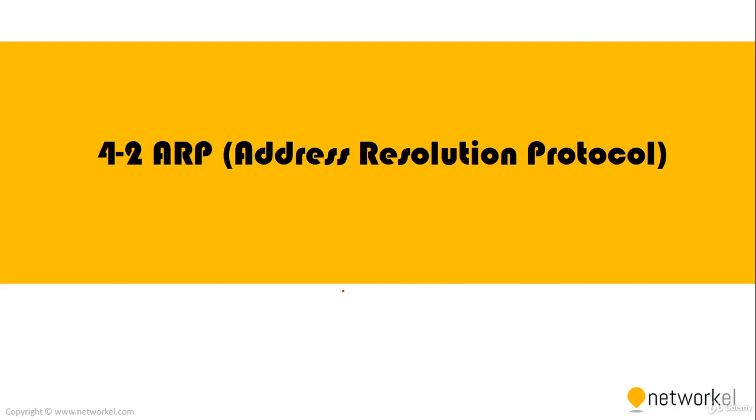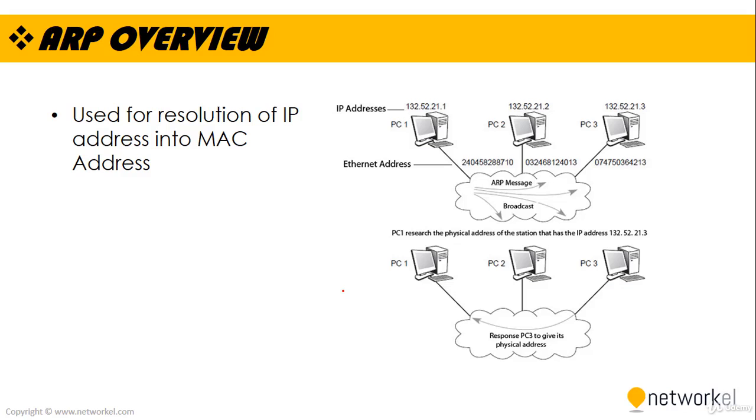Let's go ahead with ARP. Address Resolution Protocol, ARP, is used for resolution of an IP address into a MAC address. An ARP request is made via broadcast to FFFF.FFFF.FFFF, and the ARP reply is made by the related device as unicast.